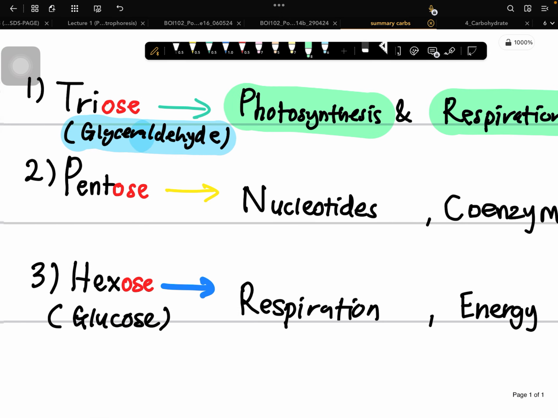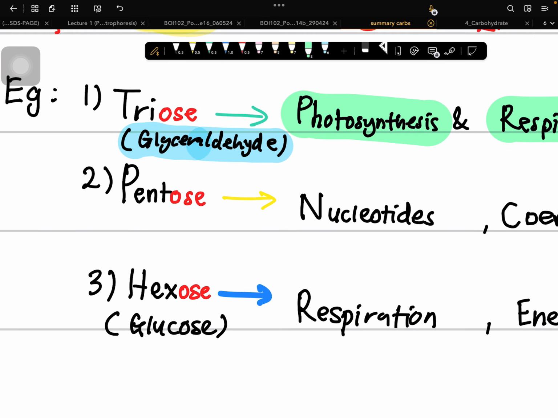The next one is pentose, a 5-carbon sugar. Pent means five, and they end with the letters OSE, which refers to a monosaccharide.